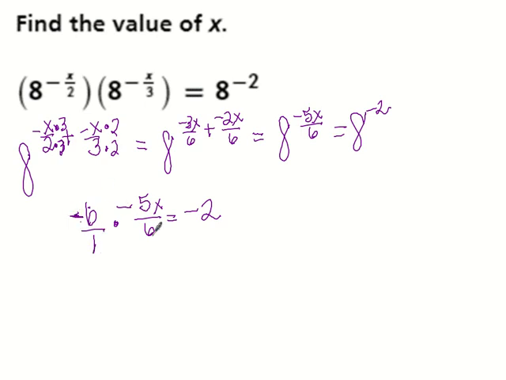And I get rid of the 6's, because a 6 over a 6 is just 1. So I'm going to take two things at once this time. I'm going to get negative 6 over here. So I'm going to have 5x over nothing. I got rid of that, right? Negative times negative is positive, equals positive 12. Negative times a negative. And then I'll divide by 5. And I'm going to get x equals 12 over 5.